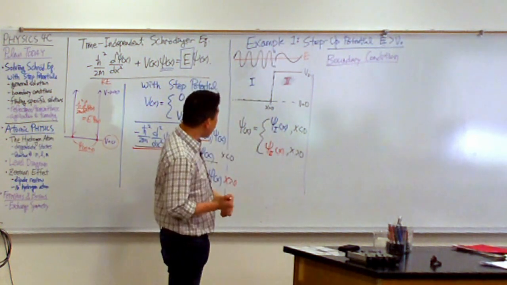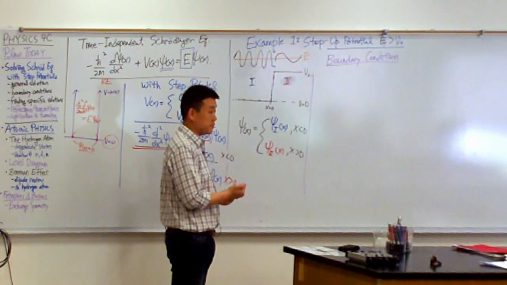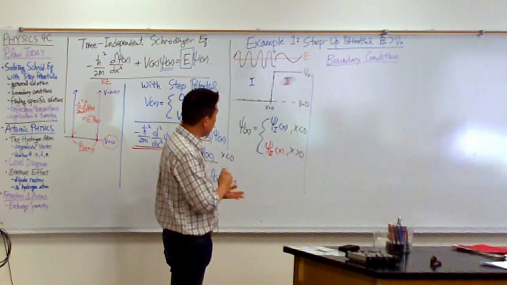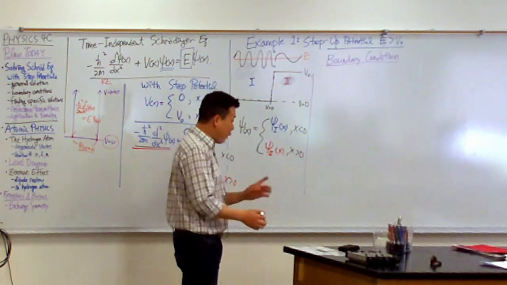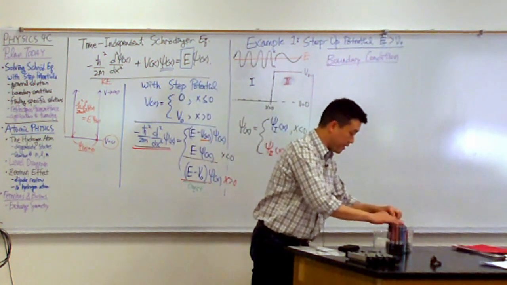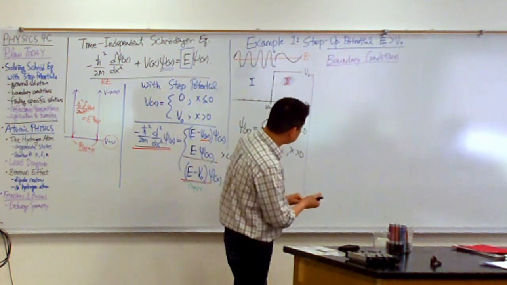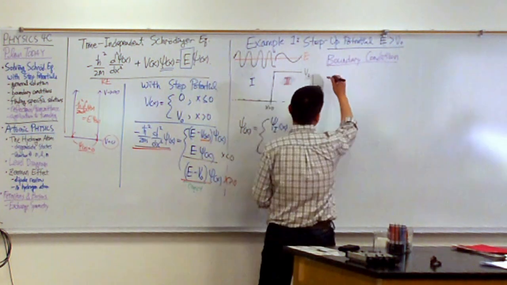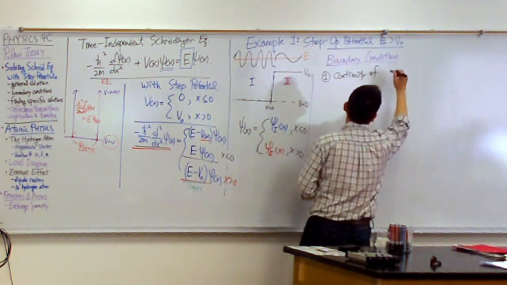And I guess now is the time. I promised last time that I would give you the rules for the boundary conditions. So let me do that now. And this time, I can actually justify these rules. One of the rules you have heard already. The first of the boundary conditions is the continuity of the wave function.